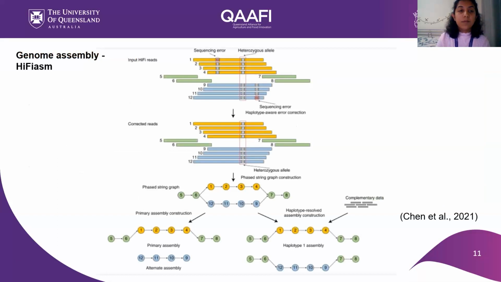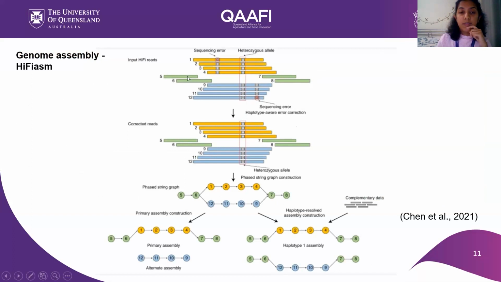So we assembled this genome using hifiasm software. There are different genome assemblers available to assemble the HiFi reads, such as IPA, hifiasm, Falcon Unzip, and so on. Here we selected the hifiasm software to do that. So hifiasm first performs a haplotype-aware error correction to correct the sequencing reads, and meanwhile, it also keeps the heterozygous alleles intact.